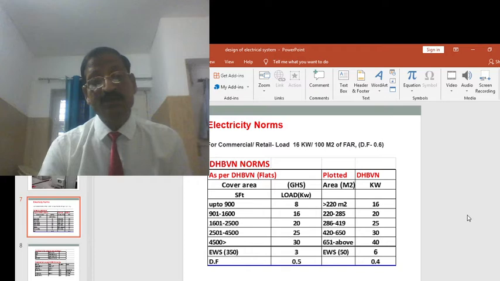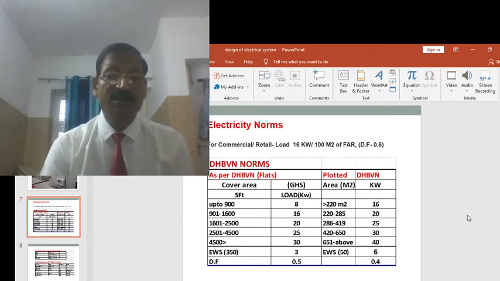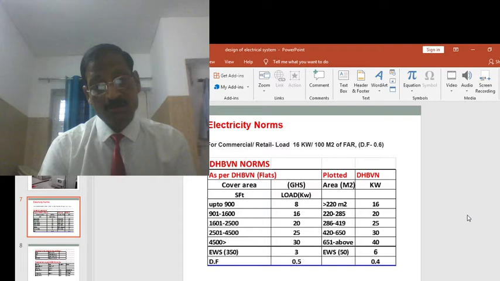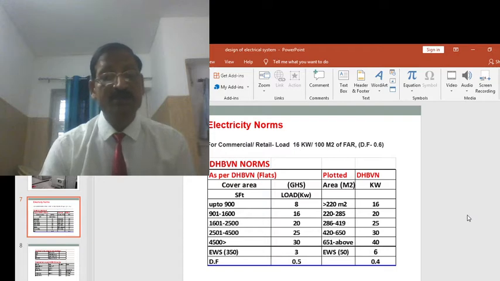There are certain DHBVN, Dakshin Haryana Bijli Vitran Nigam norms. In case of a group housing society, if the covered area in FAR is 900 square feet, the load should be minimum 8 kilowatt. For 901 to 1600 square feet, the load will be 16 kilowatt.